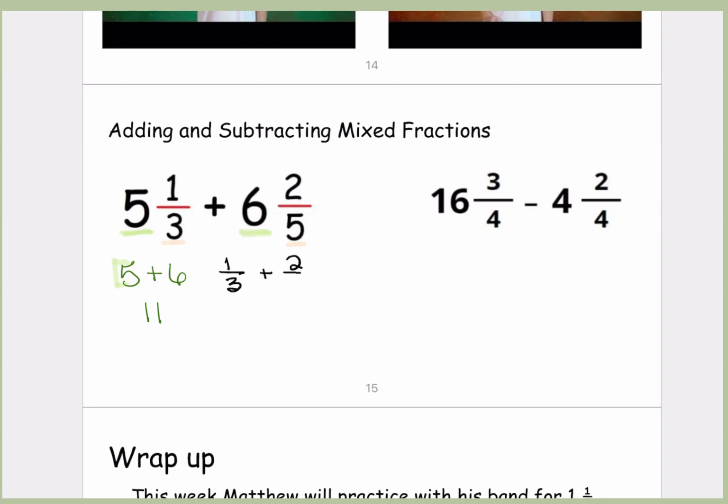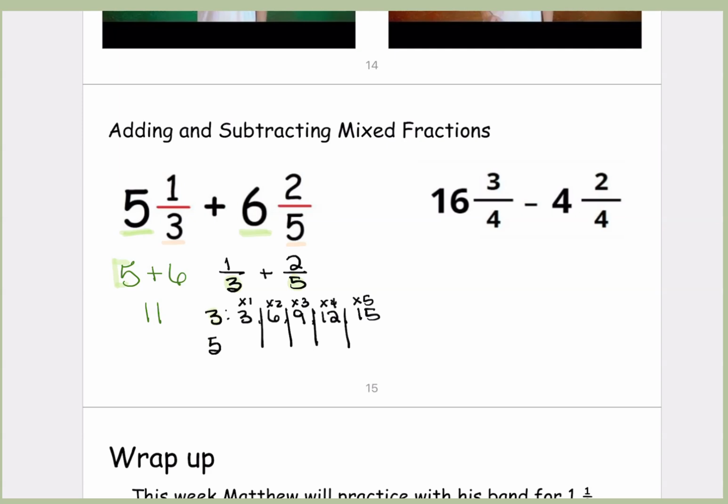Now here we can see that our denominators are not the same. So we have to do what we can to make them the same, and that's using least common multiple. So I'm going to write my multiples of 3, 6, 9, 12, 15, and that would be times 1, times 2, times 3, times 4, and times 5.